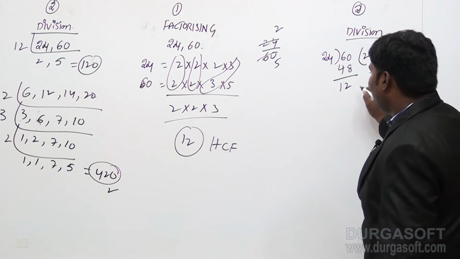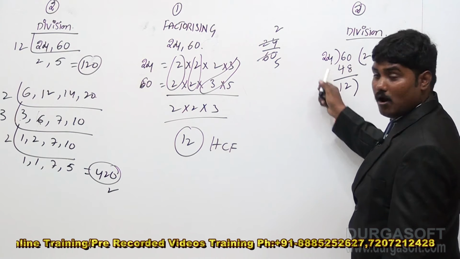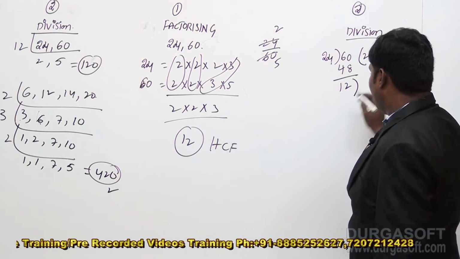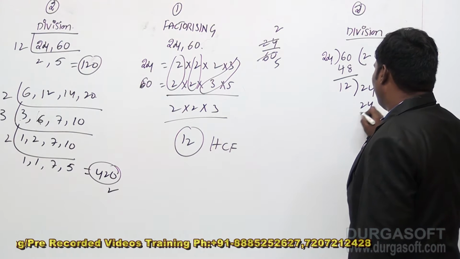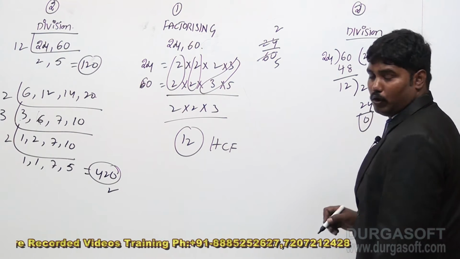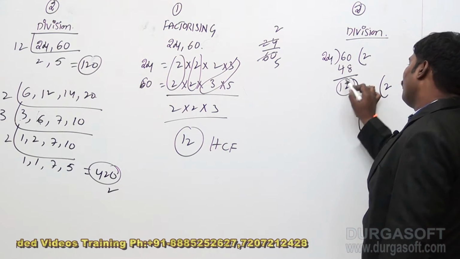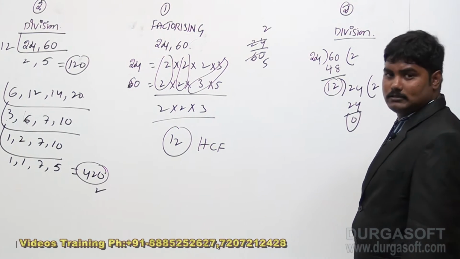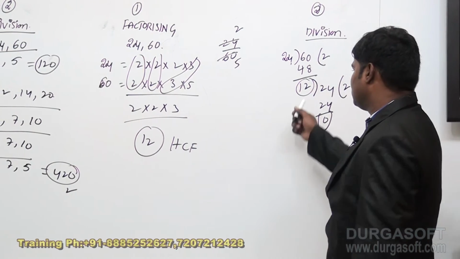Divide the previous divisor by the remainder: 12 twos are 24. Here the remainder is 0, which means the HCF is 12. Where the remainder is 0, the previous divisor is the HCF.